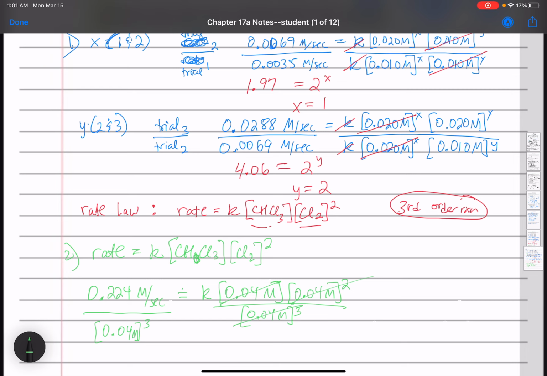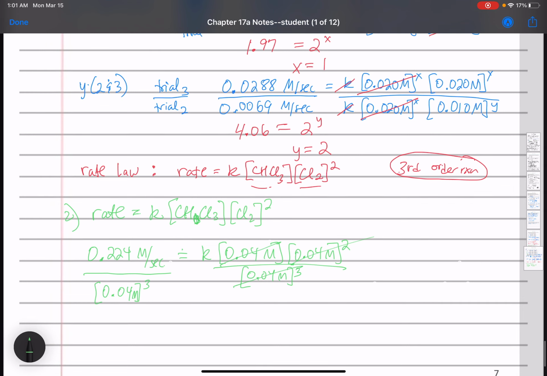So now I've got K isolated. So 0.224 molarity per second divided by 0.04 to the third power gives me a K of 3.5, and then the units are inverse molarity squared seconds. Right, because it is a third order reaction, so it is going to have different units than what we have seen in previous problems. So we solved for K.